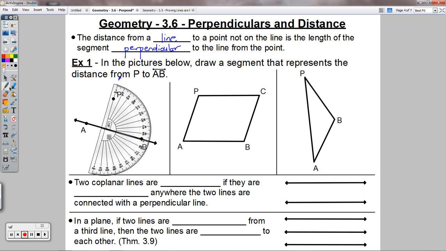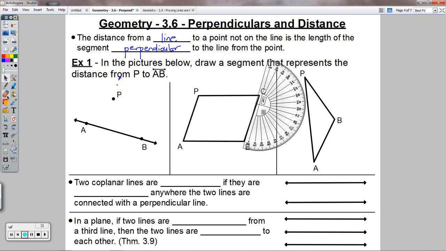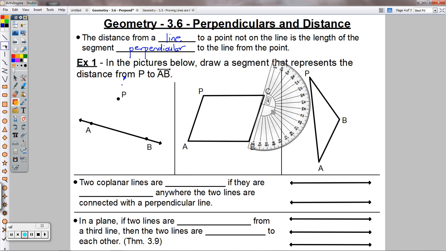I'll get rid of my protractor now. Move that off to the side here. And now I'm going to connect this point to there with a straight line, with a line segment. So from here to there, why don't I get out my blue color though?